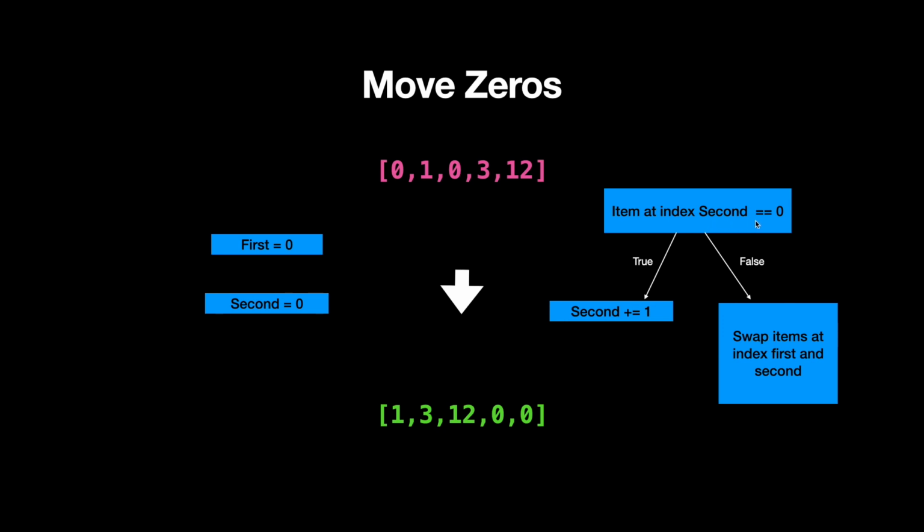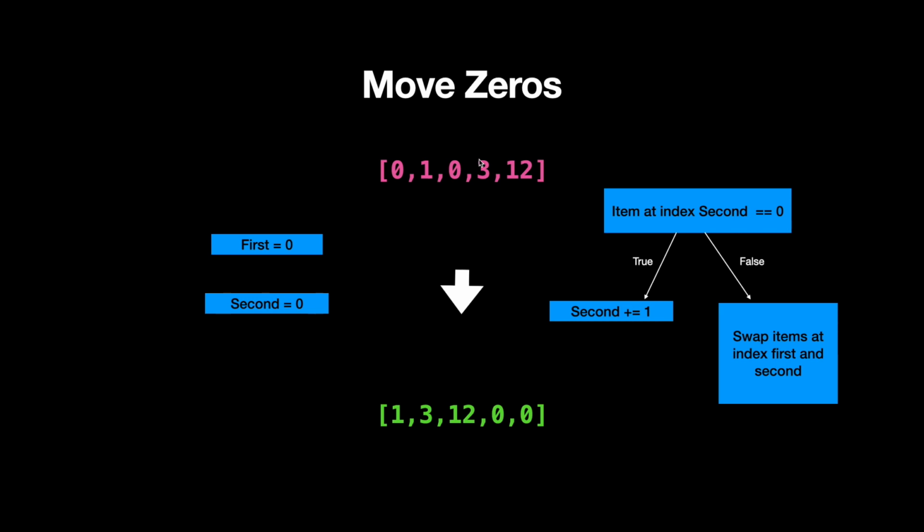Now if the item at second index is not 0, then we will swap the item at first index and second index. So 1 will move over here and 0 will move over here. Then again we will check if the item at index second is 0, then we will move to the next index, and first would be here only, and then we'll keep comparing.